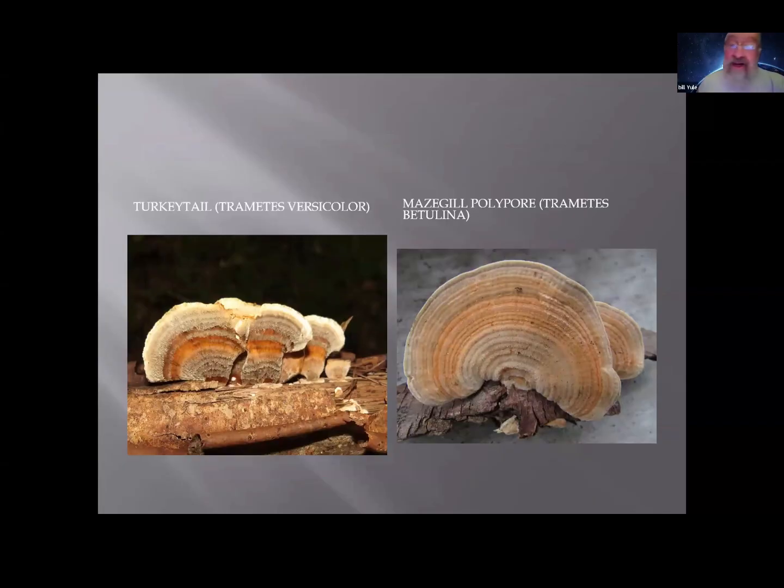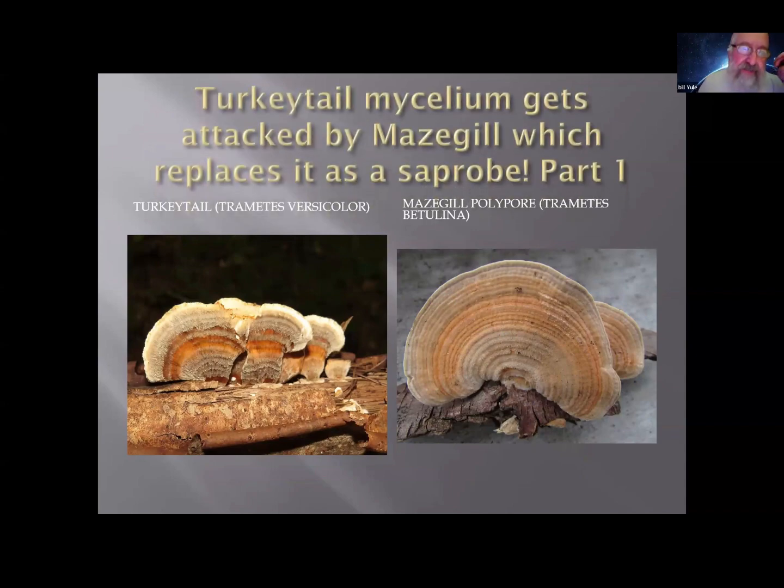And so another thing that happens is if you start paying attention, there's a predictable sequence of colonization. And if you look on the left, you see turkey tail, and turkey tail is an early colonist, a white rot saprobe of hardwoods mostly. And what happens is turkey tail colonizes first, or it's an endophyte, and it starts spreading throughout the deadwood.